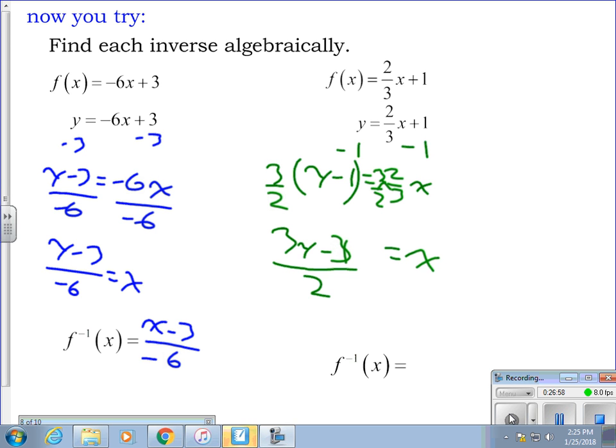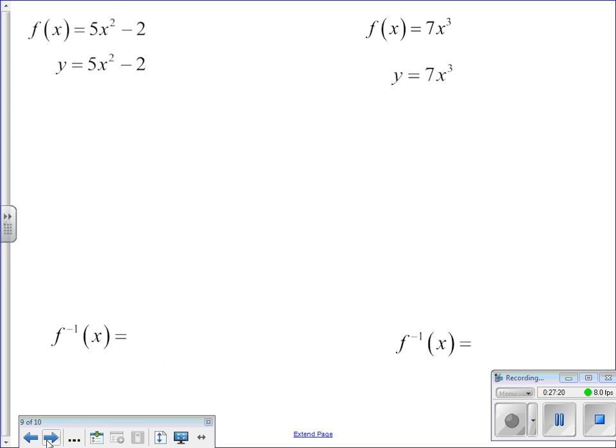If you gave me 3/2 times y times x minus 1, I'd be okay with that. This looks nicer. It's what we want is things to look nice. So my inverse is 3x minus 3 divided by 2. Okay. Questions? Okay, do those two if you have not already.